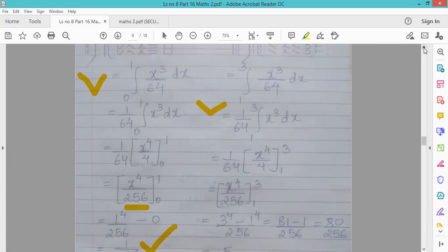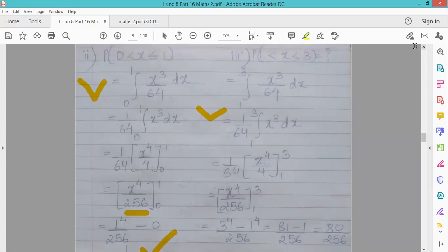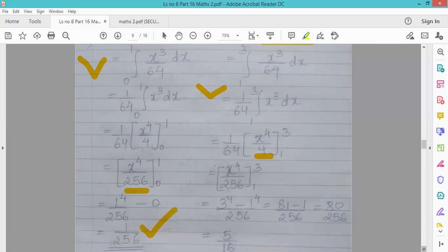Then they had asked you x lies between 1 and 3. So when x lies between 1 and 3, you can write it as probability of 1 less than x less than 3. So your integral becomes integral 1 to 3 x cube upon 64, the same pattern. I'll take 1 upon 64 outside. Integral 1 to 3 x cube dx gives you x raised to 4 upon 4, which gives you x raised to 4 upon 256.